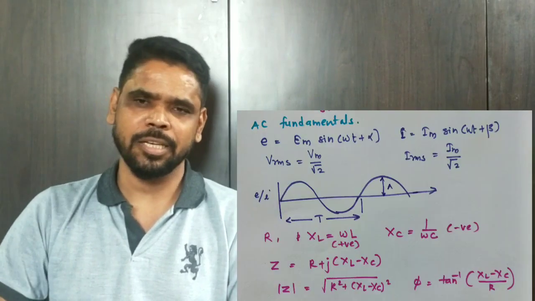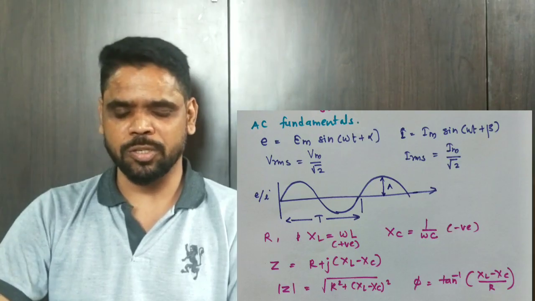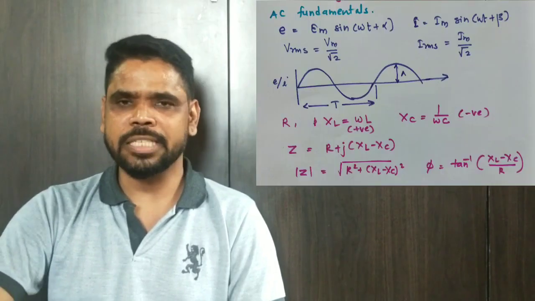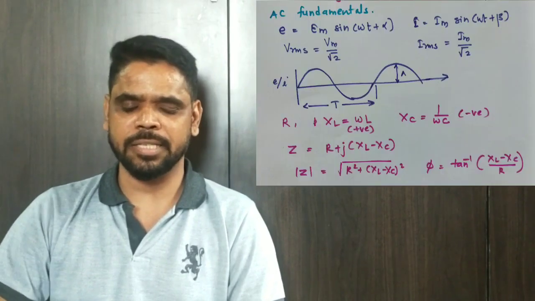An AC waveform is shown which is cyclic in nature, continuously repeating sinusoidal variations, where all the AC potentials and currents are shown with lowercase symbols. The instantaneous EMF e is given as Em sine of omega t plus alpha, and the instantaneous current is Im sine of omega t plus beta. Why? Because alpha and beta are the initial phases for the EMF and current.